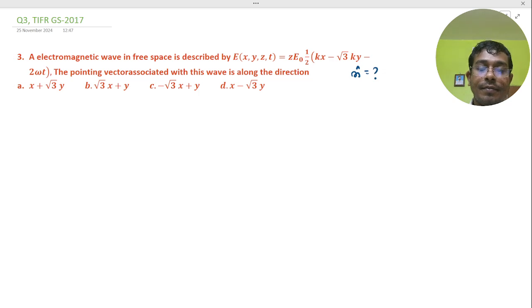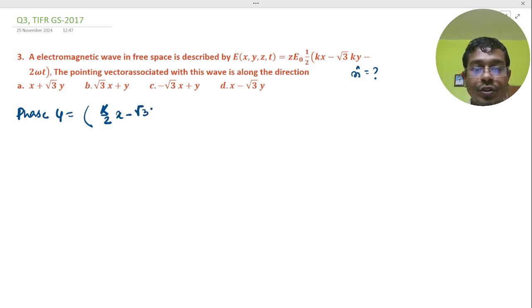that is given by the question, the phase, because the phase is associated with the Poynting vector. Basically k by 2 x minus root 3 k by 2 y minus omega t.